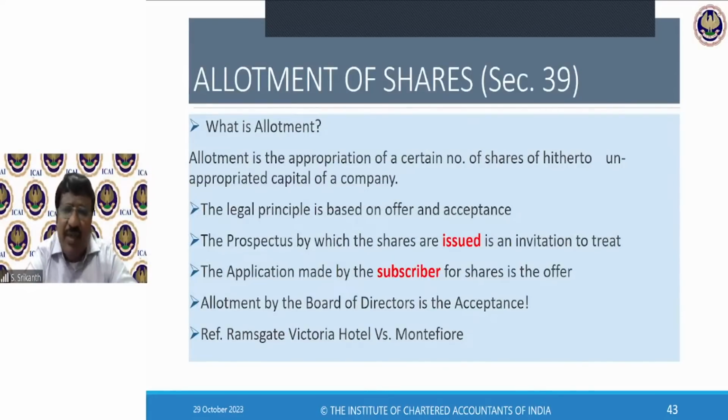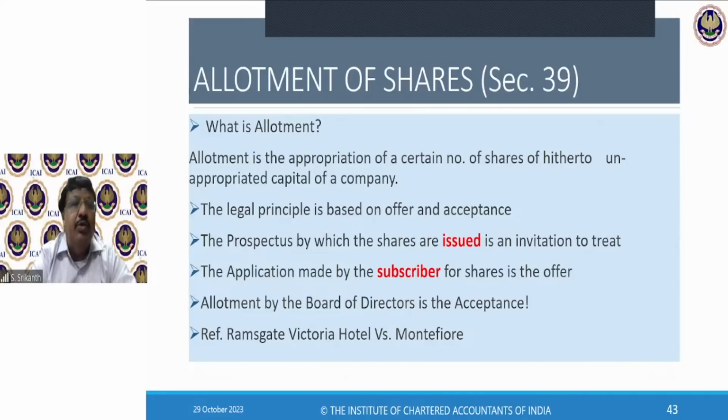But once the public issue or offer for sale is over, and the shares are hitting the market and listed, thereafter whenever people are buying and selling, it is only secondary market. It is not primary market. So the first time the shares are made available to the public, it is called primary market, when it is allotted.